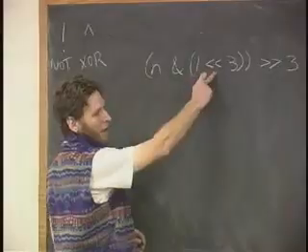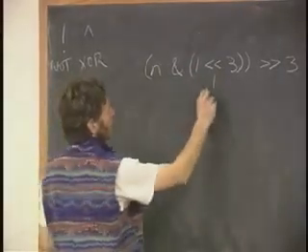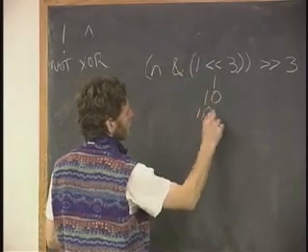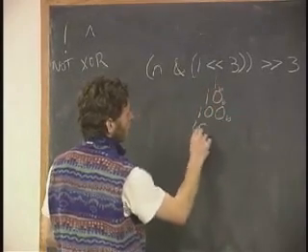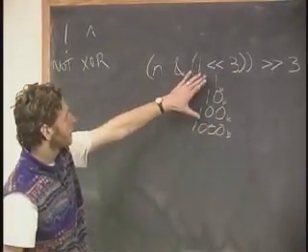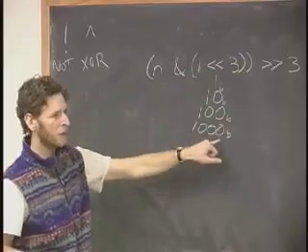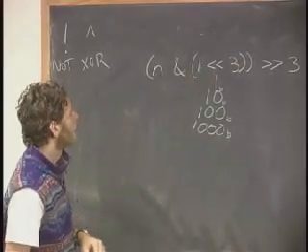This is the shift left operator. So it starts with 1 and it shifts it left 3 bit positions. So the 1, after it has been shifted left 3 bit positions, is 1, 0, 0, 0 binary, which happens to be 8.